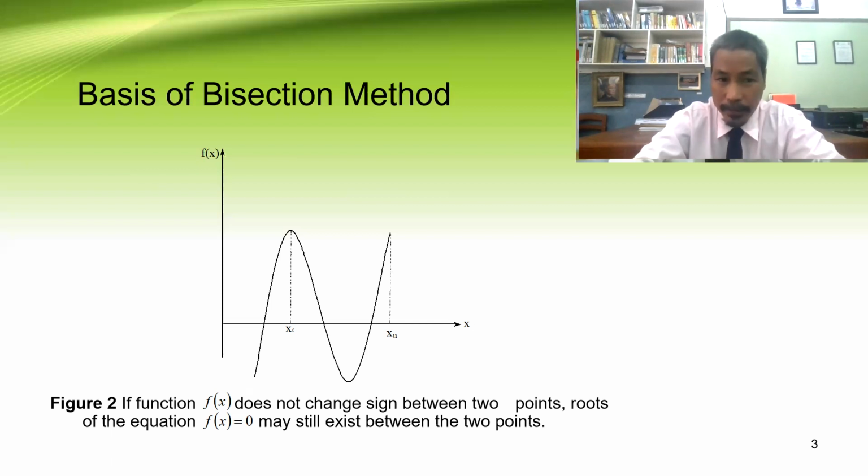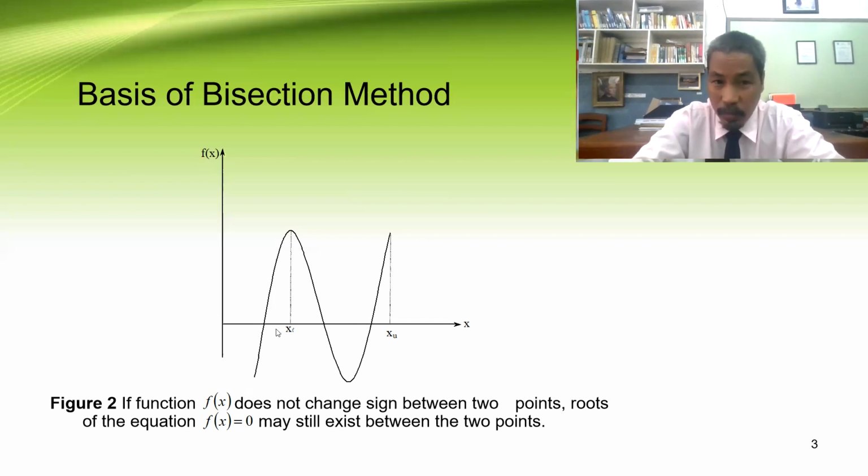If function f(x) does not change sign between 2 points, xl and xu, here this point and this point, they are both positive. The function is positive at that point.